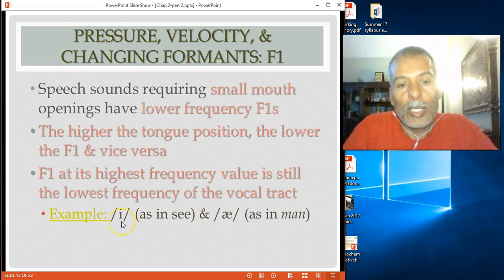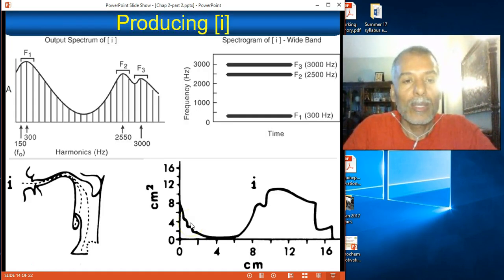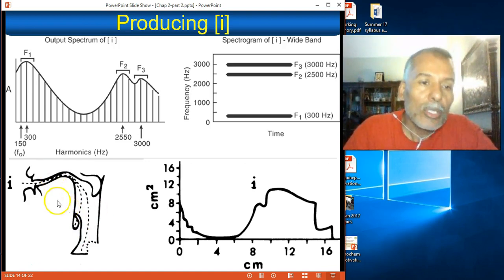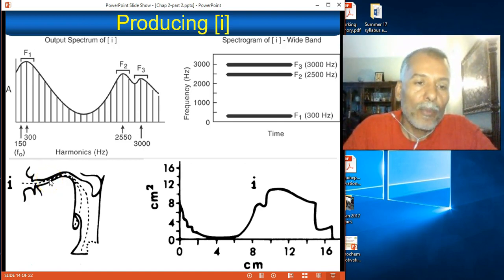So when you say E, as in man, versus E, let's see what this looks like. When you say E, see what happens to the tongue. It lifts up, goes out, and goes to near the alveolar ridge.